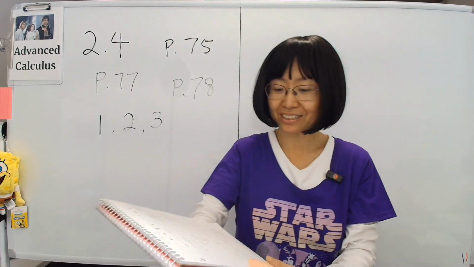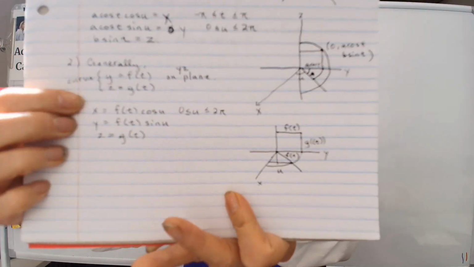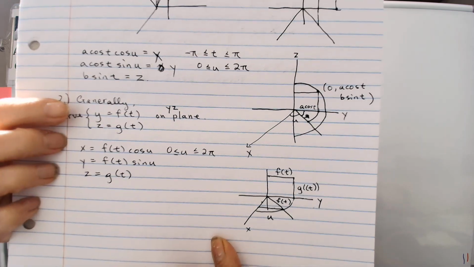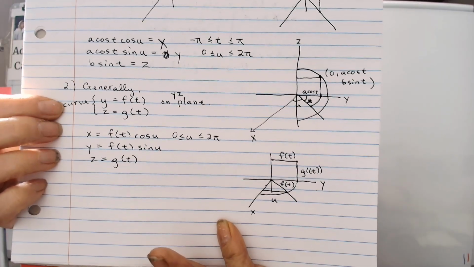And once you do that, that is about it. That's the parametric representation. Then for problem 2, you realize that in general, if you have some curve, we'll put the curve on the YZ plane and spin it around the Z axis.